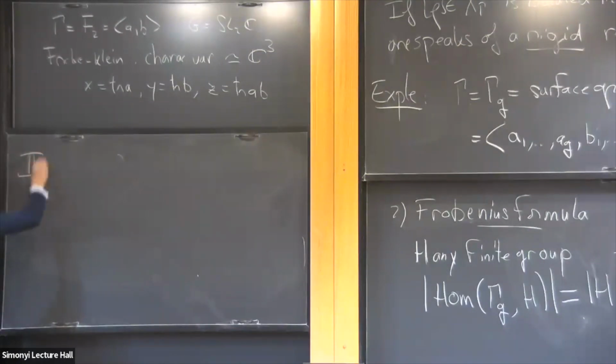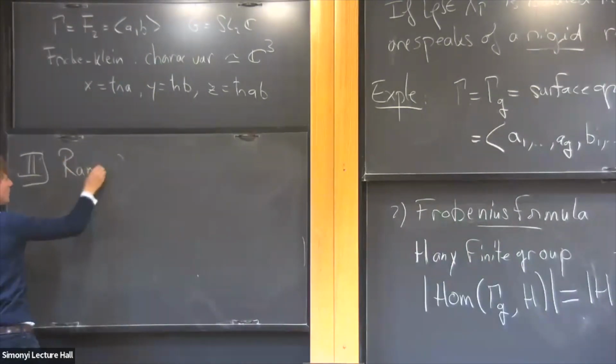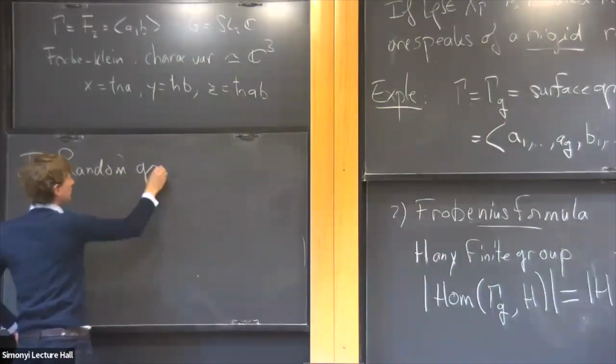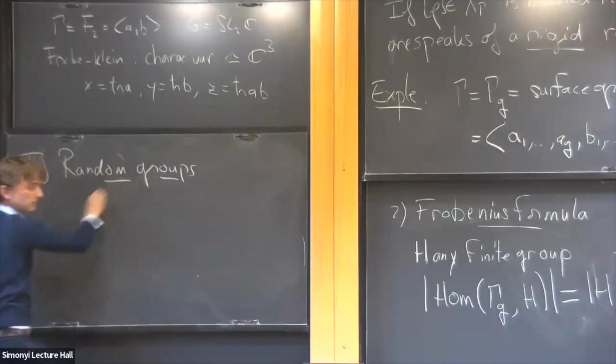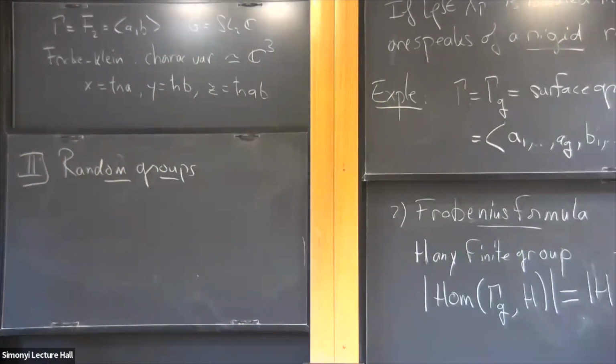However, what we do in this work is that we manage to say something in the case when the relators of your presentation are given at random. Random groups, in the sense of Gromov. Let me remind you what that means.